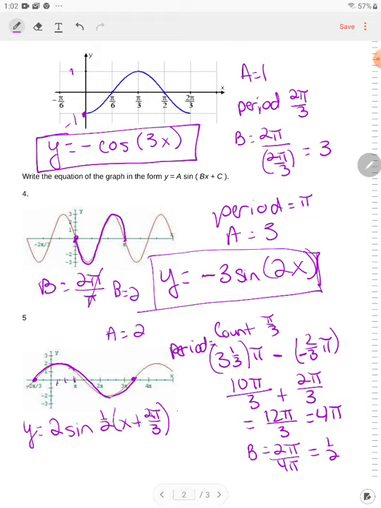I prefer this form, but the directions say write as a sine parentheses bx plus c. So we will distribute the 1/2. So we have 2 sine of 1/2 x plus pi over 3. Those equations are equivalent, and that would give the answer in the correct form.